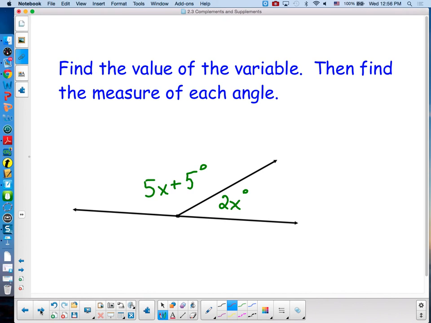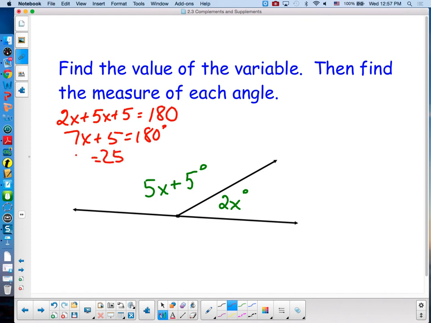Okay, on this one, you should have started with 2x plus 5x plus 5 equals 180. And when you solved it, you should get x to be 25. You want to see the solving? No? Okay, so x was 25. You would have had 7x plus 5 equals 180, and go from there.